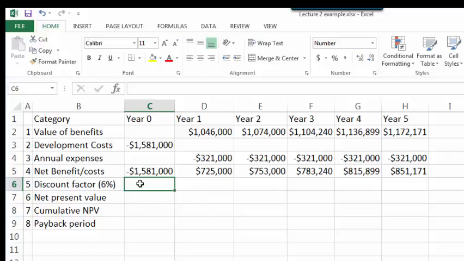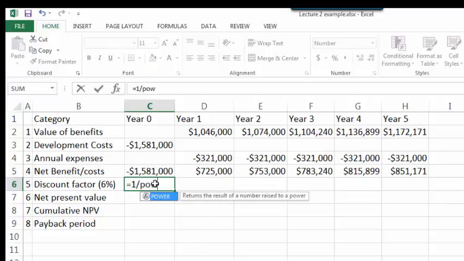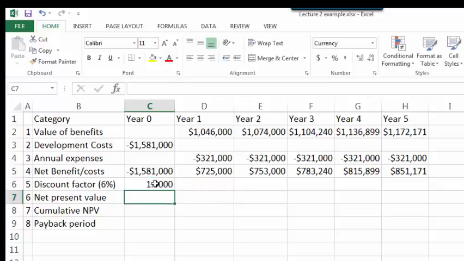For the first one, use the fixed formula, which is equals 1 divided by 1 plus 0.06, which is 6%, to the power of the year number. Because this is the initial year, the power is 0.